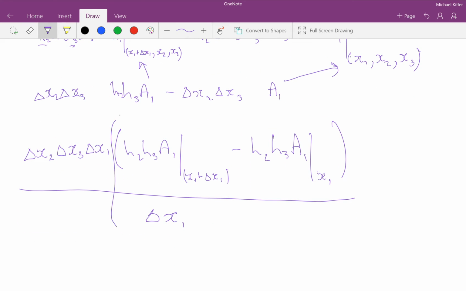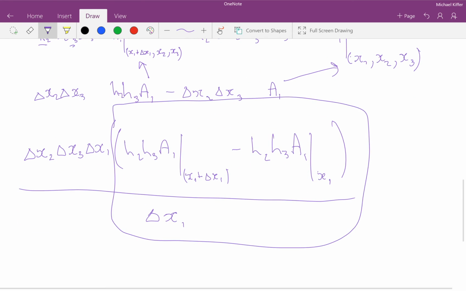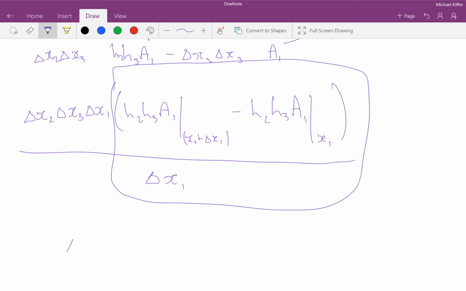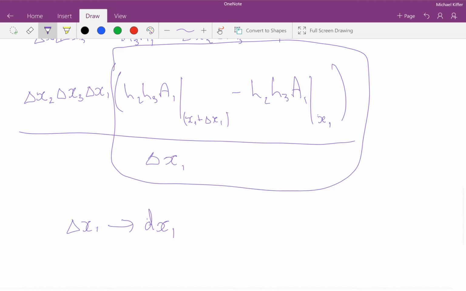Now this term here, as we let delta x1 approach an infinitesimal length dx1, that term there approaches the partial derivative.